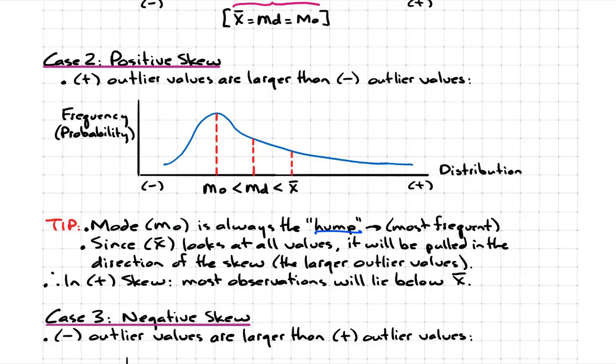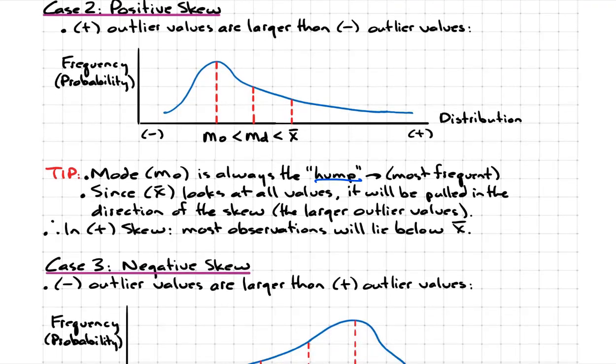Now, the only thing you have left is median and arithmetic average. But what distinguishes these measures of central tendency from each other? The mean, or the arithmetic mean, looks at all values, including the outliers. So since the outlier values have such large positive values, the mean is going to be pulled in the direction of the skew.